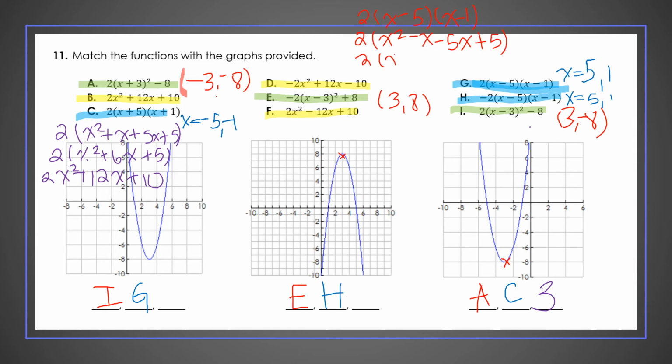Combine like terms, x squared minus 6x plus 5. And then distribute. I'm going to get 2x squared minus 12x plus 10. So if I look at F, 2x squared minus 12x plus 10, so G and F go together.